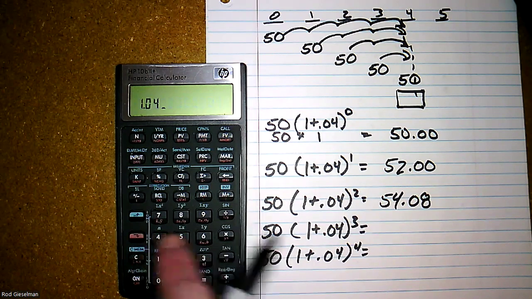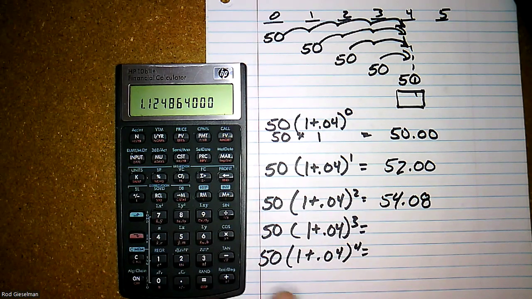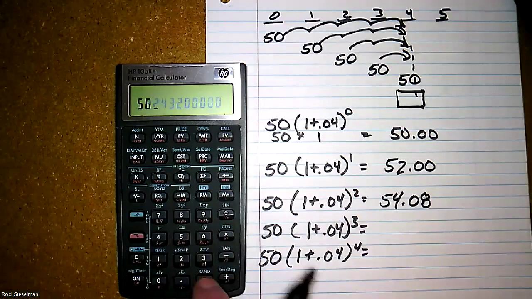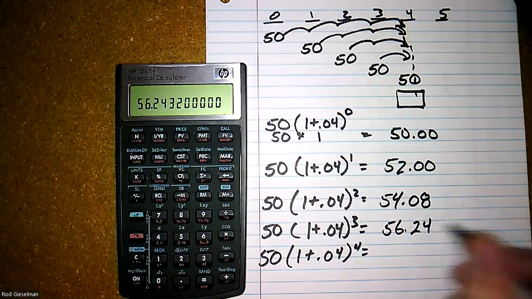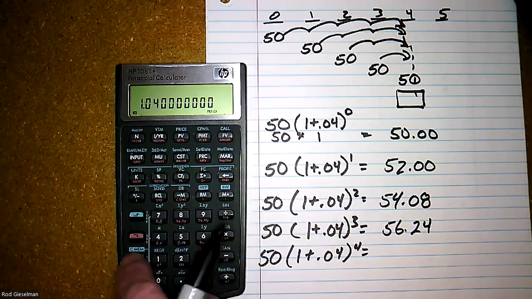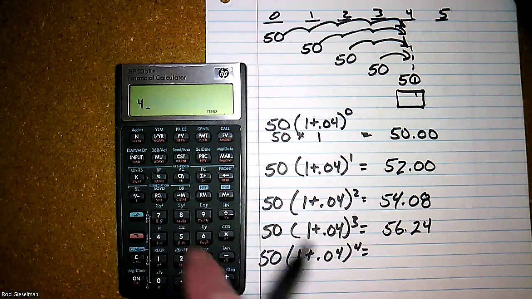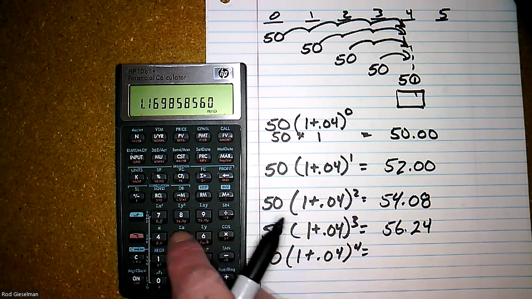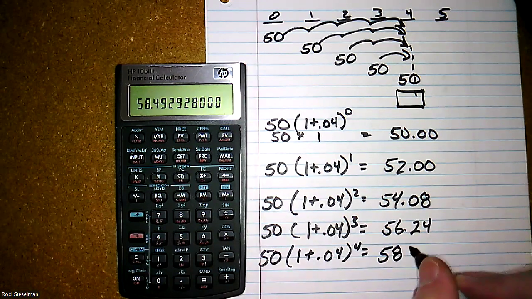And 1.04 to the third is 1.12486 times 50 is 56.24. 1.04 to the fourth times 50 equals 58.49.